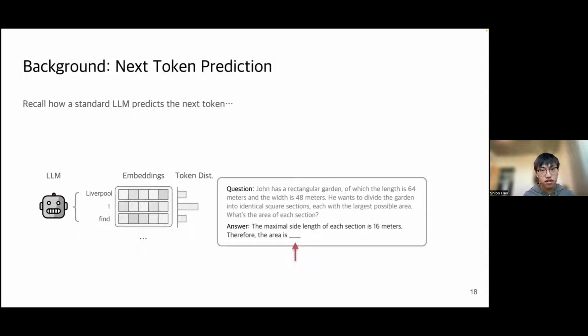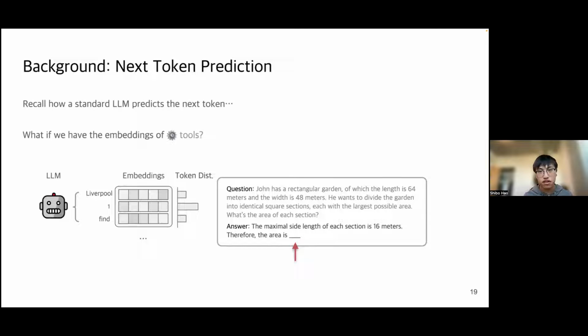Based on the hidden state of the large language model and the token embedding layer, there's a matrix multiplication, and after the softmax, we get a distribution over the next token. However, as we just talked about, LLMs are not good at math calculation. Here the next token should be a number resulting from a calculation, and it might not be a good idea to directly predict the token in this way.